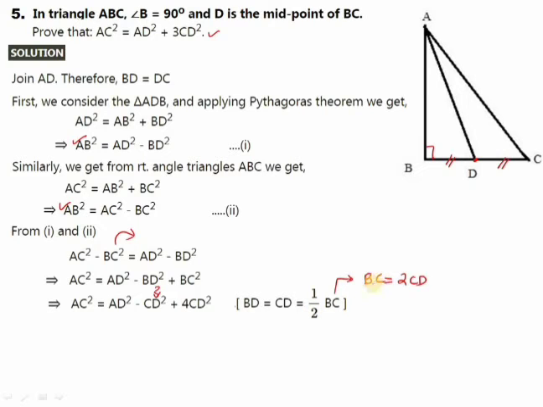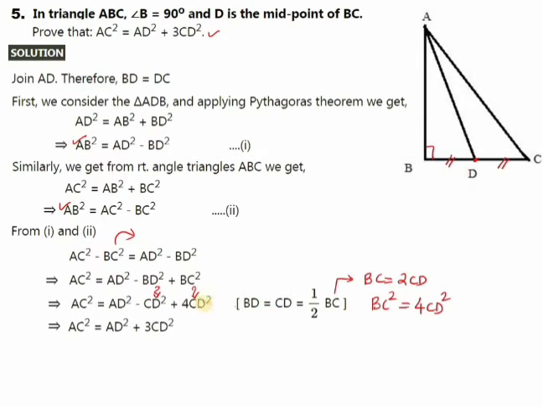Because you know that BD is half of BC, or in other words, can I say that BC is double of BD? Obviously. Similarly, BC will be double of DC or CD. So in place of BC, you can write double of CD, and if you square both sides, because we have BC square, BC square turns out to be 4 CD square. So in place of BC square I have written 4 CD square.